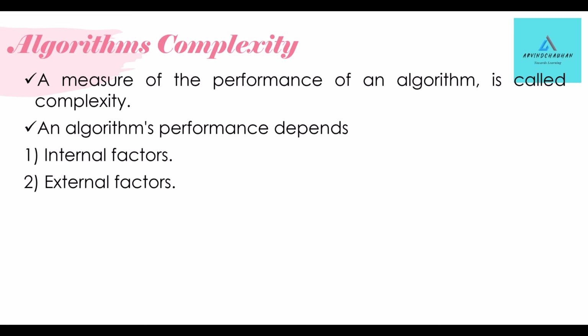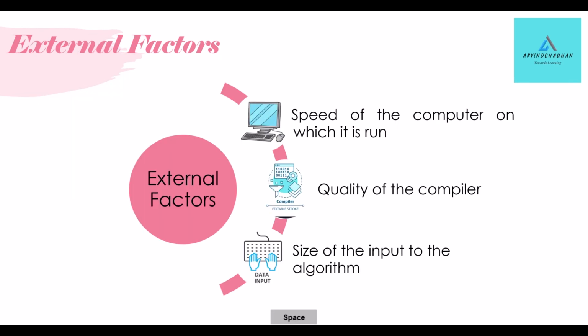Algorithm performance also depends on two factors, internal factors and external factors. First we will discuss external factors. External factors are those that impact your algorithm externally. The first one is the computer, which kind of computer you are using. Suppose you have designed and implemented an algorithm and now you are executing it on a system. It depends on which kind of system you are using.